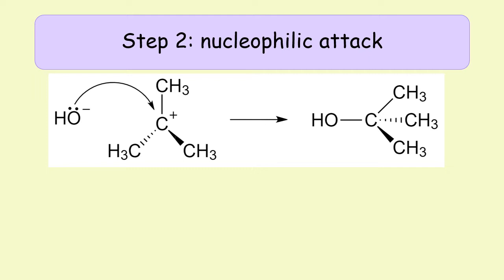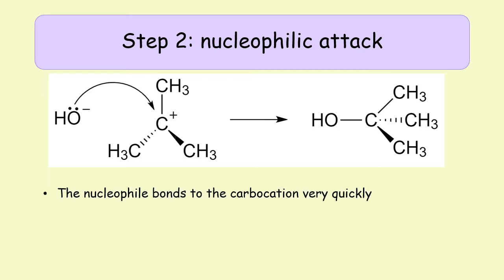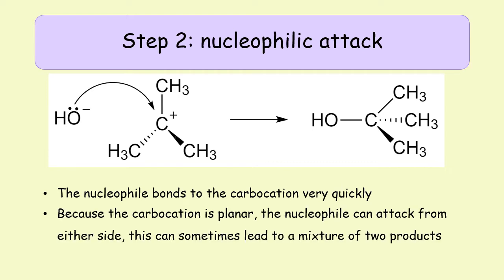Remember that because it is a flat molecule, that hydroxide ion in this example could have attacked from the left hand side or the right hand side of the molecule. And this is very quick, so this is not a rate determining step. The previous step was a rate determining step, and it only involved the haloalkane itself. And as I said, because the carbocation is planar, the nucleophile can attack from either side, which can sometimes lead to a mixture of two different optical isomers in a racemic mixture.